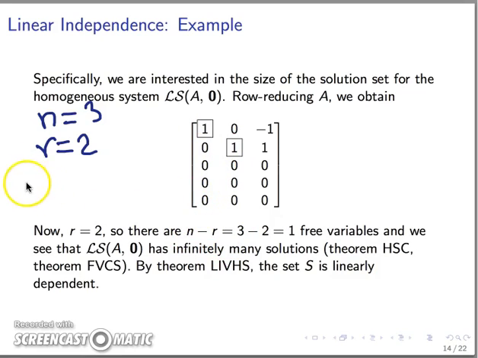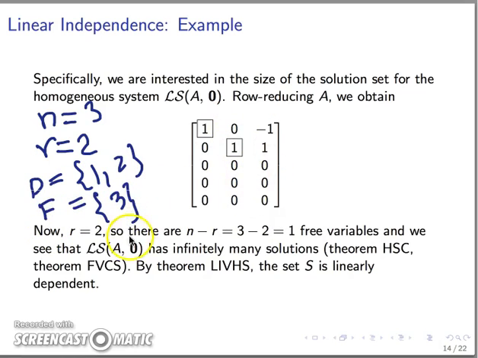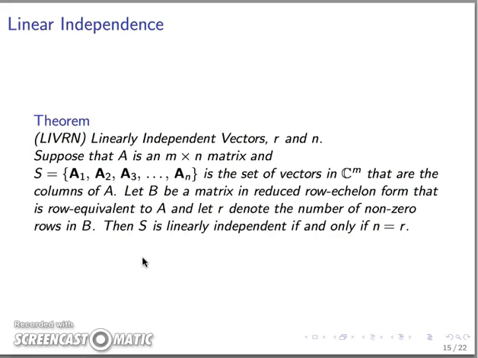The indices for dependent variables are 1 and 2, and the index for the free variable is 3. Alpha 3 would be the free variable, and you could express alpha 1 and alpha 2 in terms of alpha 3. Immediately we can say this homogeneous system has infinitely many solutions, and therefore we would call the original set a linearly dependent set.